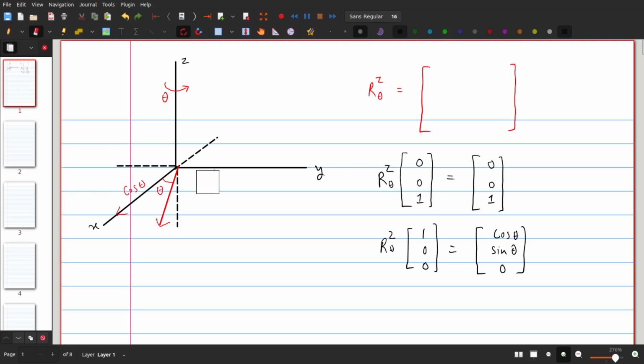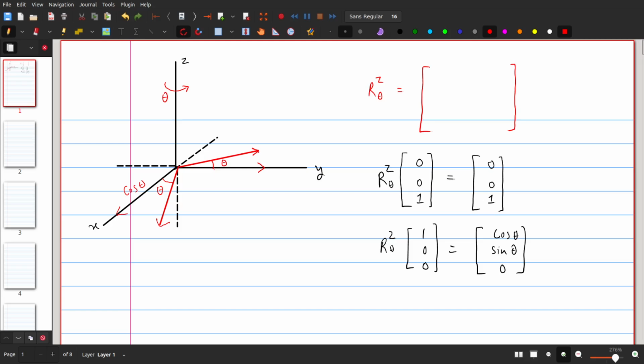Now if we consider unit vector on y-axis, then under this rotation it will change into a vector which will still lie in the xy plane, and it will still be of length 1, and it will make an angle theta with the y-axis.